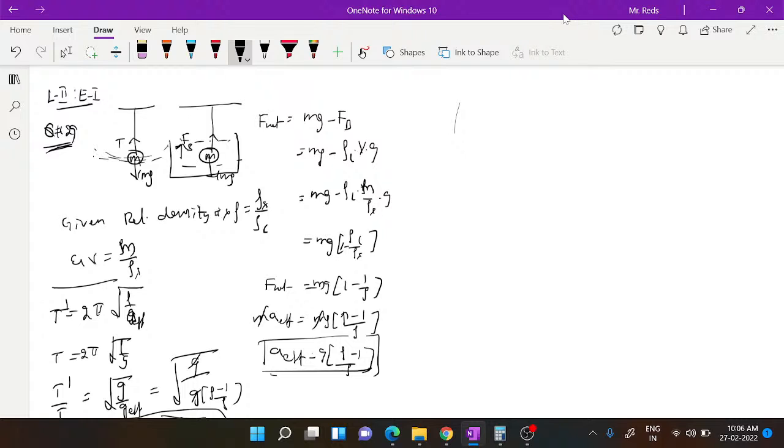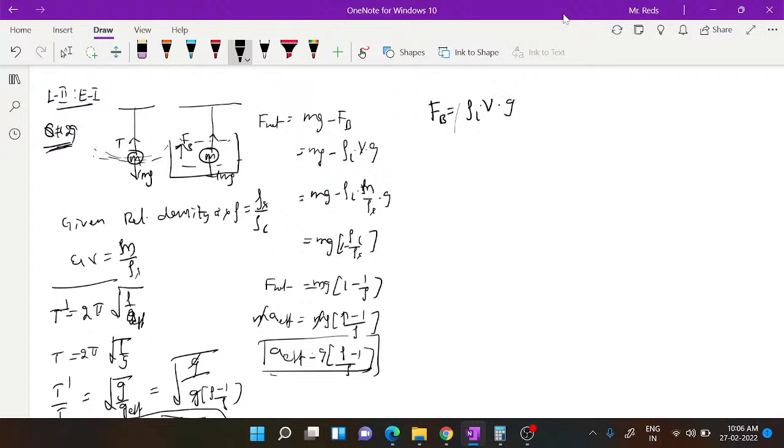On the mass, the net force acting on the block is mg down and the buoyant force upwards. You have to remember that buoyant force is equal to the density of the liquid into the volume of the object immersed in the liquid, into g. If it is completely immersed, it's the total volume of the object.